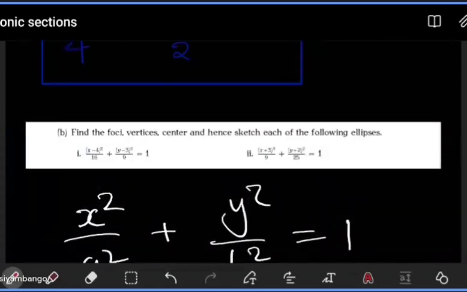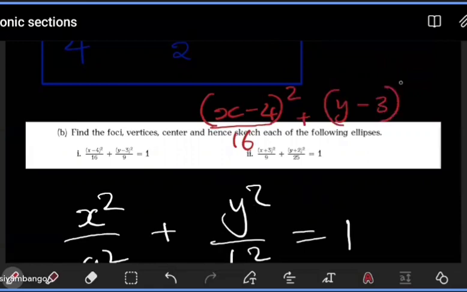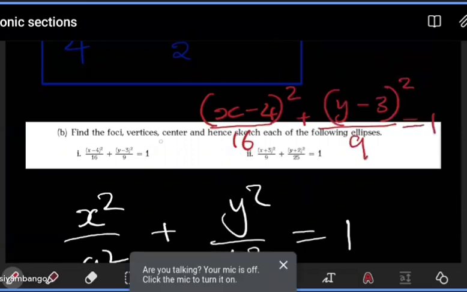So in this example, we have (x minus 4) squared over 16 plus (y minus 3) squared over 9 is equal to 1. And the question is, find the foci, the vertices, and the center.